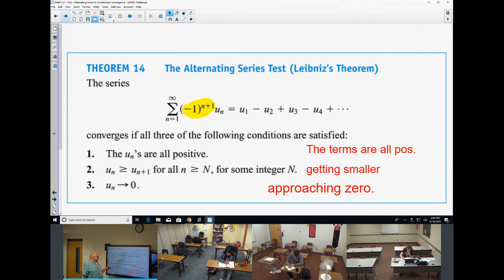Secondly, the u sub n is greater than or equal to u sub n plus 1. What that means is that the series is getting smaller. Now, they can be the same, but they can't be getting bigger. And then finally, the u sub n's have to approach 0. Now, if all 3 of these things happen when you cover up the alternator, then that means the series will converge.